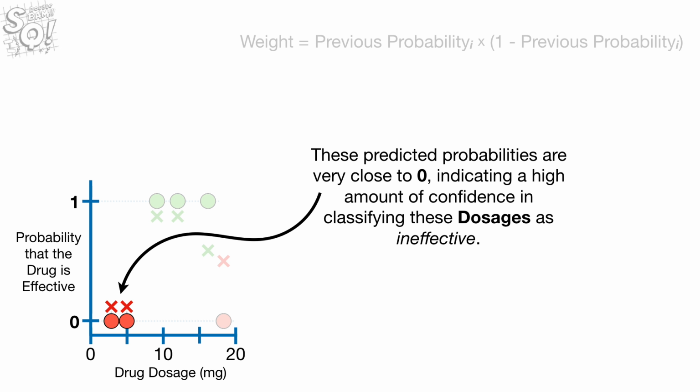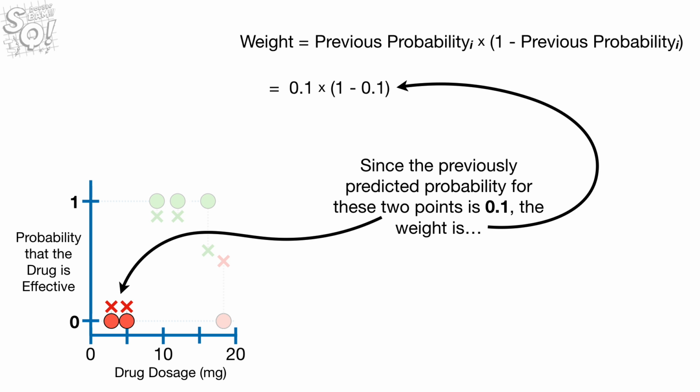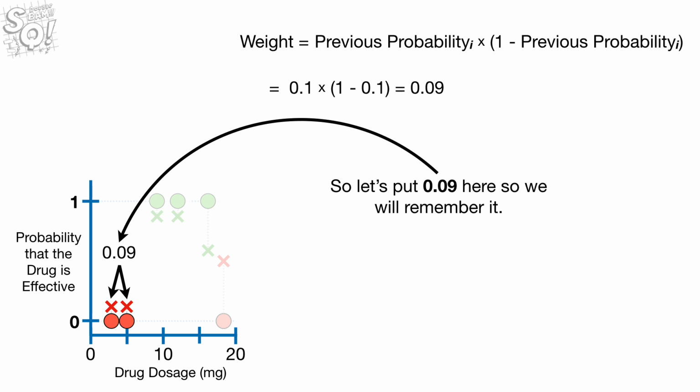These predicted probabilities are very close to 0, indicating a high amount of confidence in classifying these dosages as ineffective. Since the previously predicted probability for these 2 points is 0.1, the weight is 0.1 times 1 minus 0.1, which equals 0.09. So let's put 0.09 here so we will remember it.